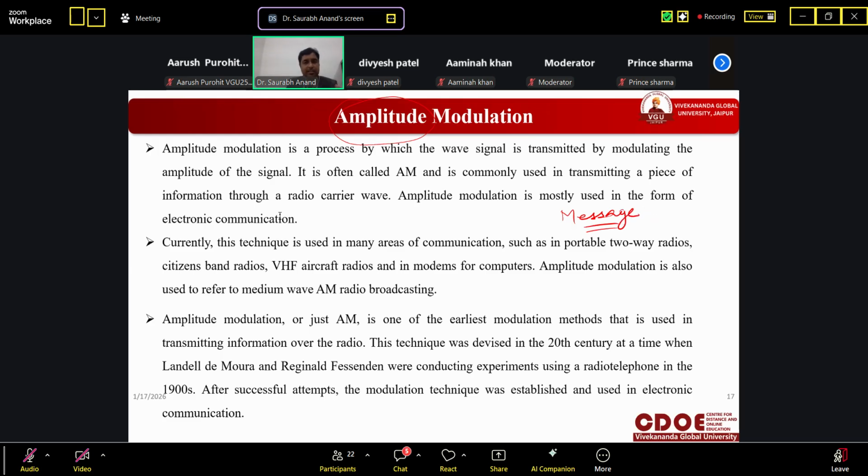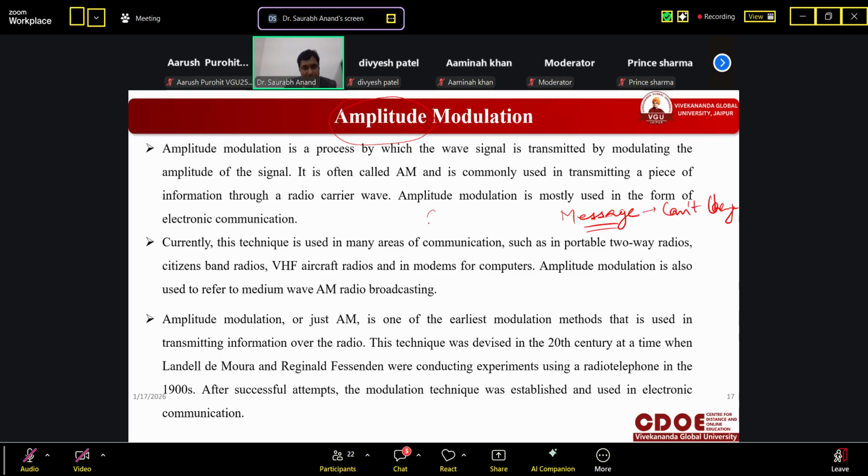If we change any parameter like amplitude, frequency, or phase of the message, the meaning will be changed. It means the message can't be changed, right?